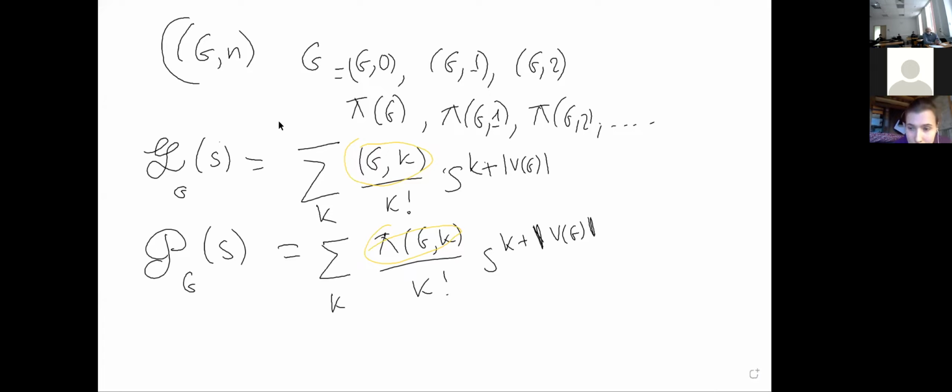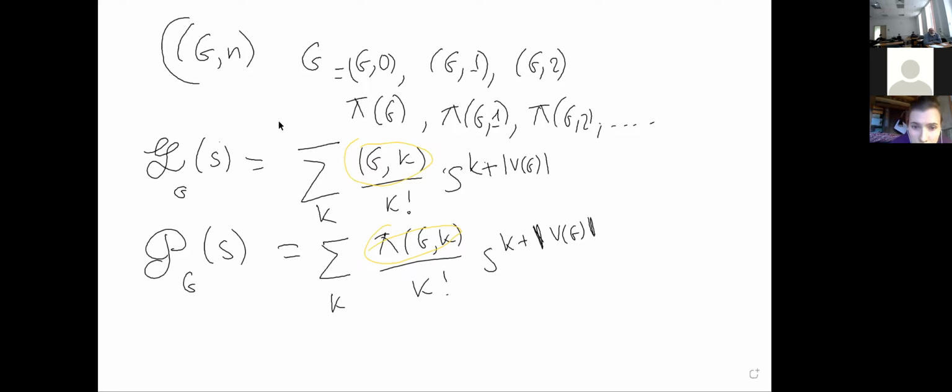Excuse me, what is this variable S? S is just a formal variable, which in a generating function we always use. Thanks, a formal variable, okay.